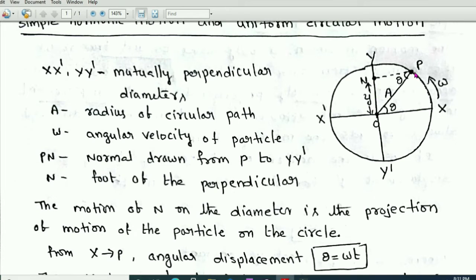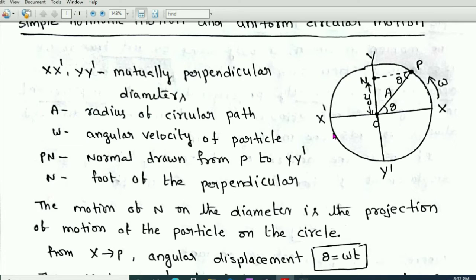As the particle moves along the circular path, the position of the foot N also changes. For example, if the particle is at point P, here is the foot position. If the particle moves somewhere here, the foot will be here.